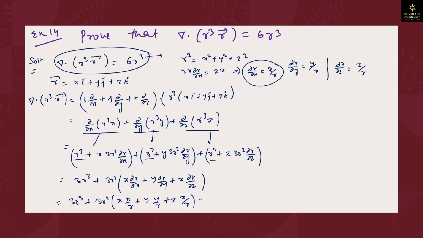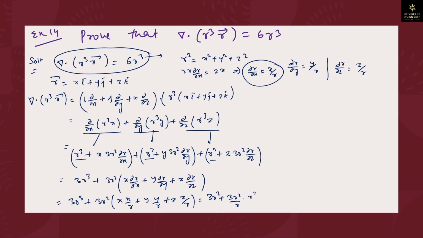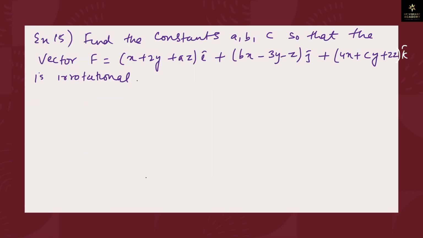So this is equal to 3r cube plus 3r square over r into x square plus y square plus z square, which we can write as r square. So this gets cancelled, and we have 3r cube plus 3r cube, which is 6r cube.